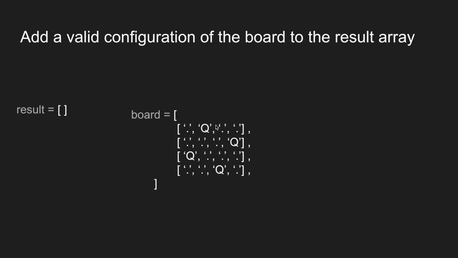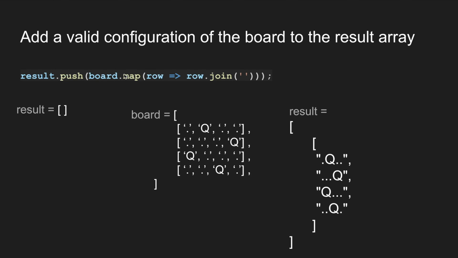So every array we converted to a string, that is dot q dot dot, and for converting into this we used row dot join, that is for each row it is converted from an array into a new string, and it is done for each row, and this board configuration is added to the result.